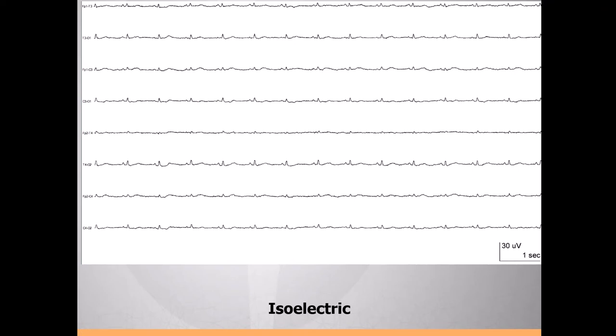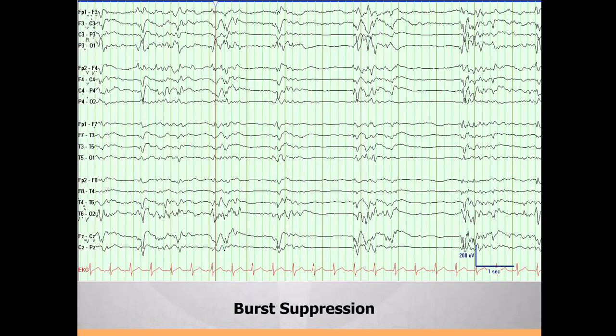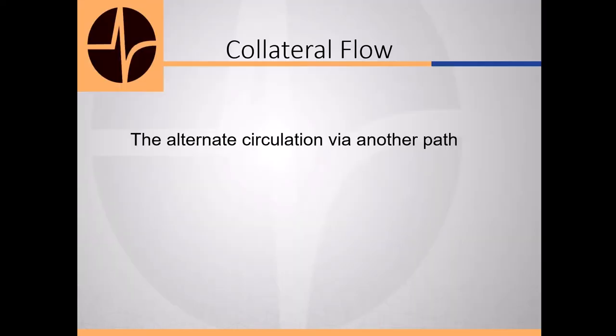So when the MAP is dropping below 80, you may get these, and we know this is iso. It's like, well, but hey, there's something going on here. Well, it's in every single channel. It's even in the same posterior and anterior. And if the EKG was on there, you could tell that this is EKG artifact.